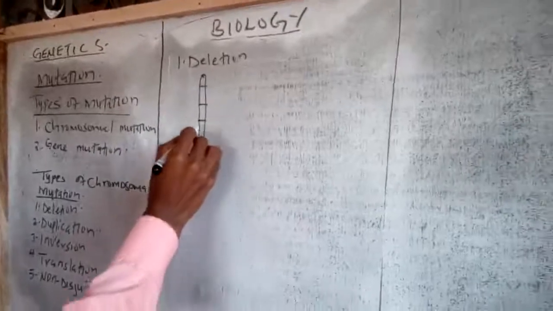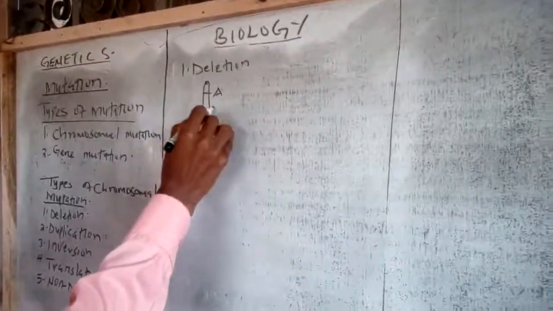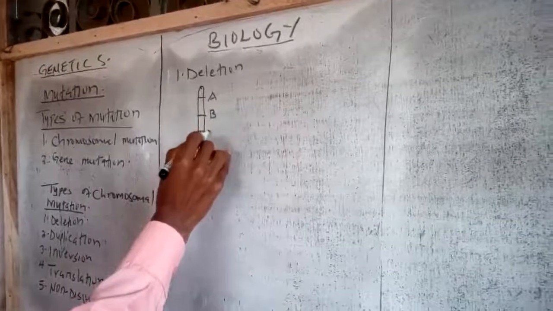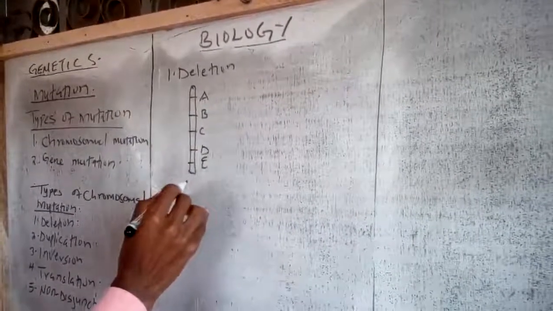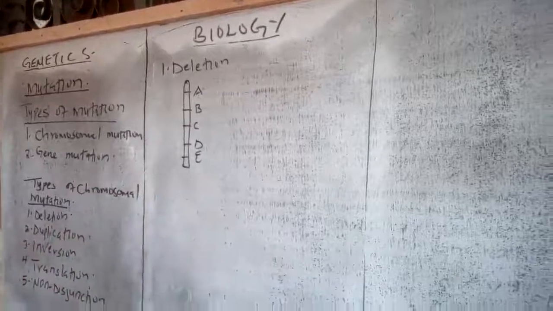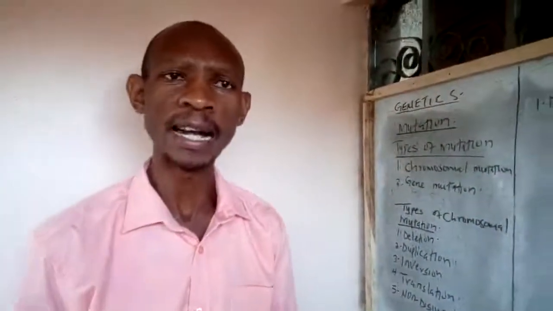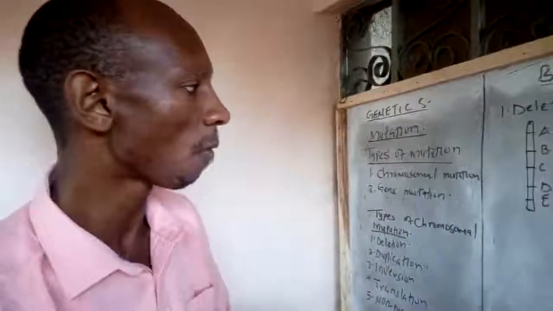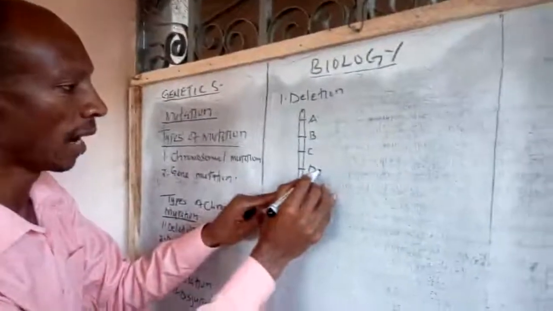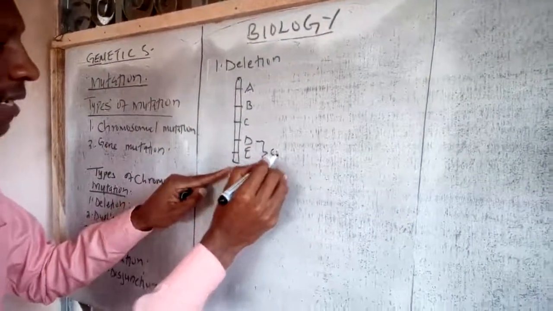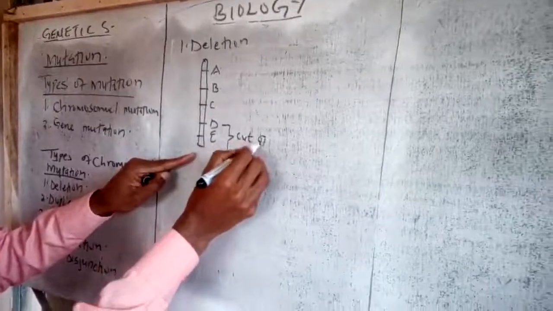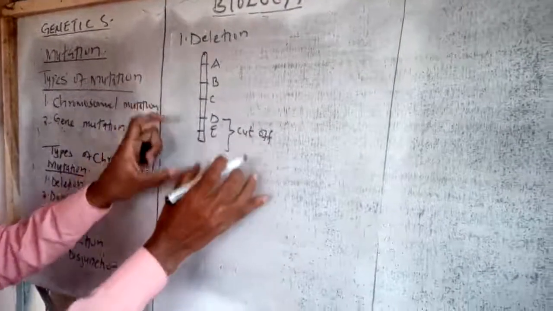An example, I can have these genes which are found in that chromatid: A, B, C, D, and we have E. And therefore, as far as deletion is concerned, the part which is represented by genes D and E breaks off. This part will cut off, and it is lost completely.